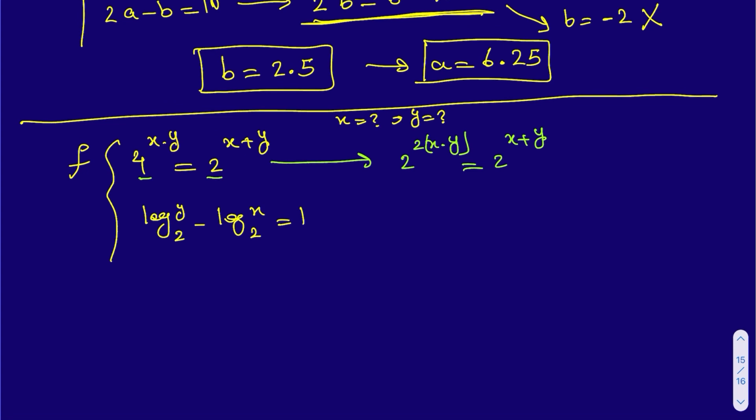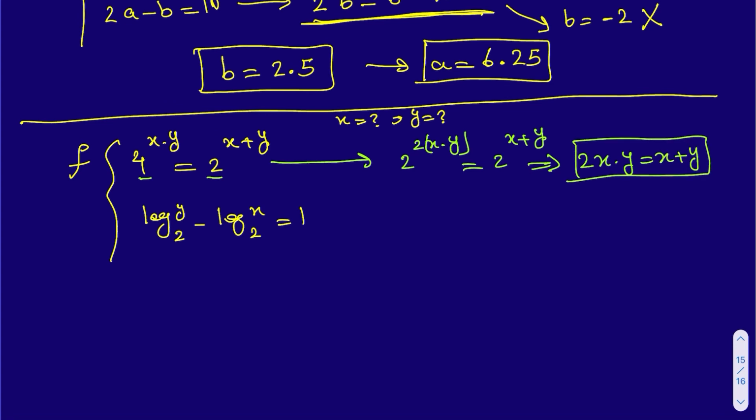Therefore I can conclude bases are the same, so powers, or indexes, must be the same. So I can conclude this equation to 2xy is equal to x plus y. This is one of the conclusions.